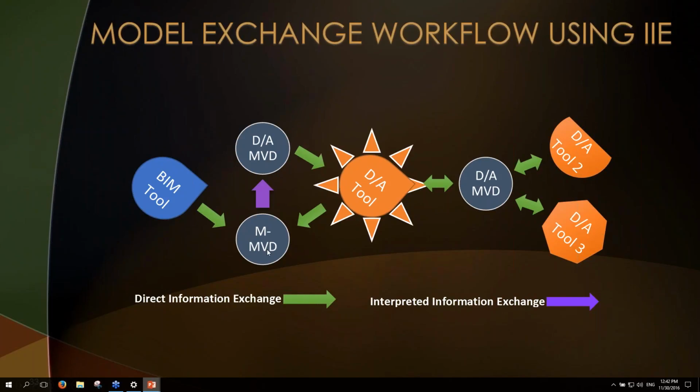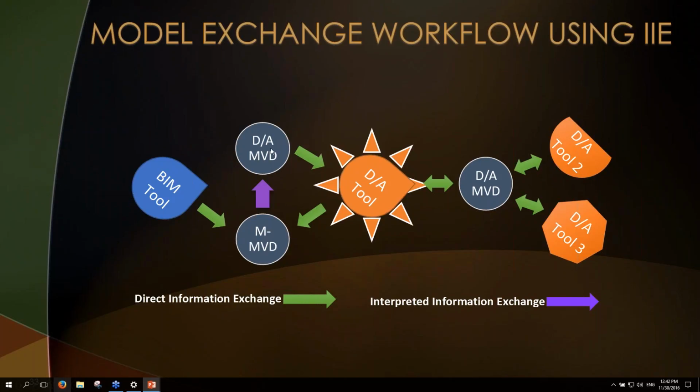I think buildingSMART Alliance is calling the newer version of coordination view the design transfer view. So that could be a base for creating a master MVD to serve other MVDs. And then from that master MVD, we can interpret a design analysis MVD that can be imported by design analysis tools.